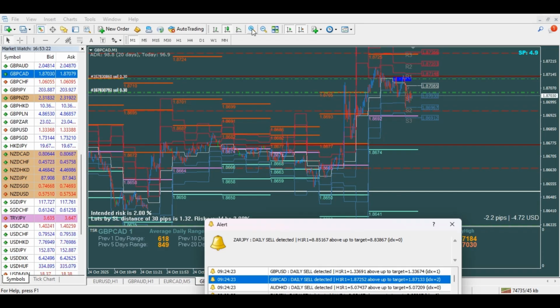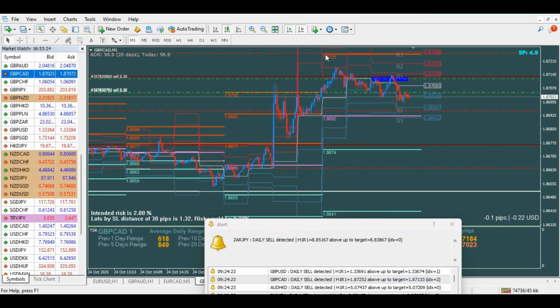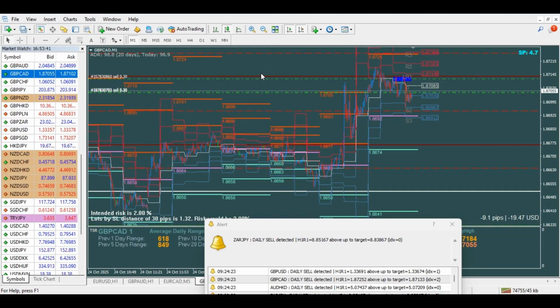That's this level here. Let me just zoom in for you. It's this level right here, this orange level, 1.8725. H1R1, 1.8725, is above, up to target 1.87133. That's this level here.